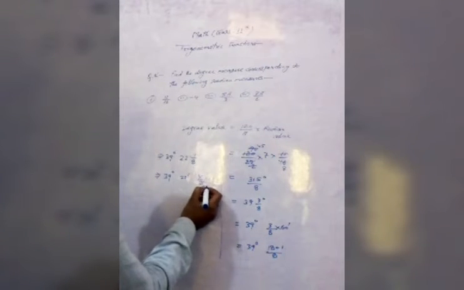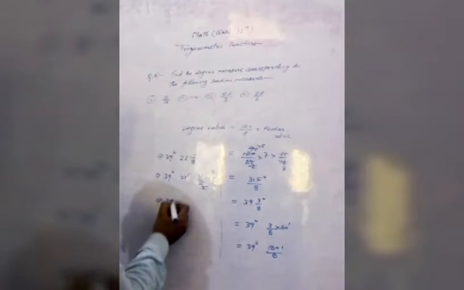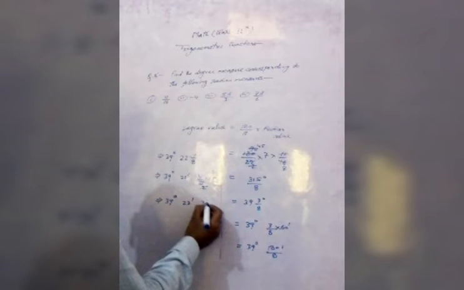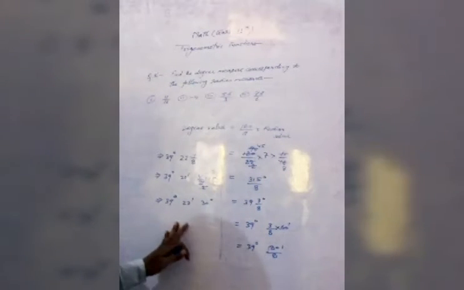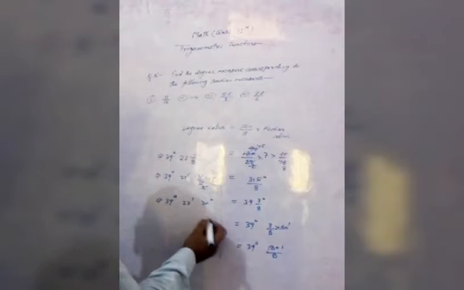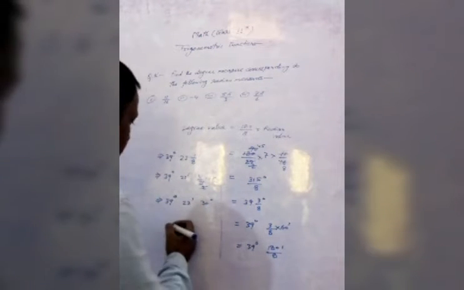This is 4 2 is 8, 2 30 is 60. Then the value is 39 degree, 22 minute, 30 second. So this is the converted value of radian to degree of 11 by 16 radian. I hope everyone understands it much better. सभी लोग इसको अच्छे से समझते होंगे.